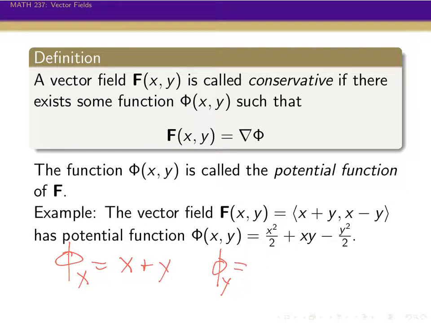The partial in terms of y: x squared over 2 goes to 0, plus xy gives x, minus y squared over 2, take the derivative, get 2y over 2, which is y. There are our two partials, and you can see these two partials match up with the component functions for f.